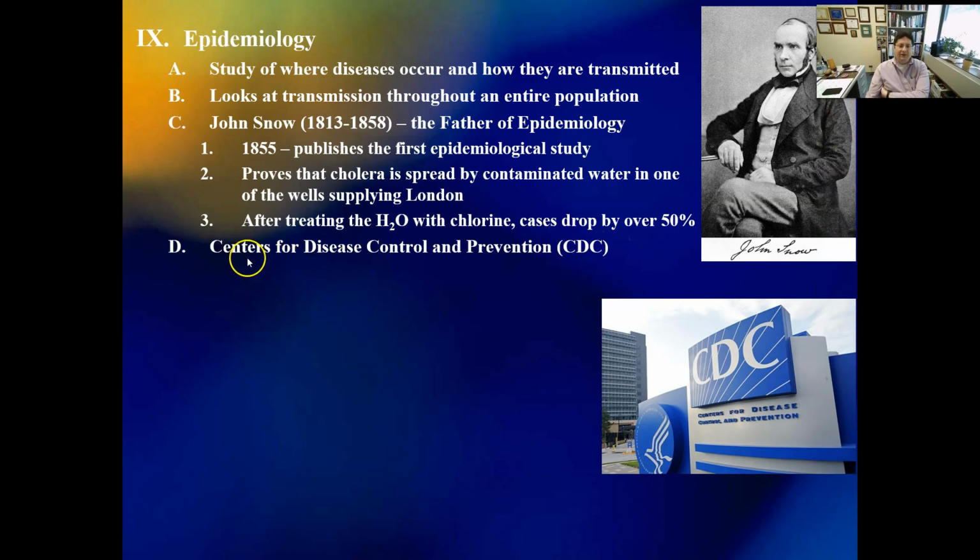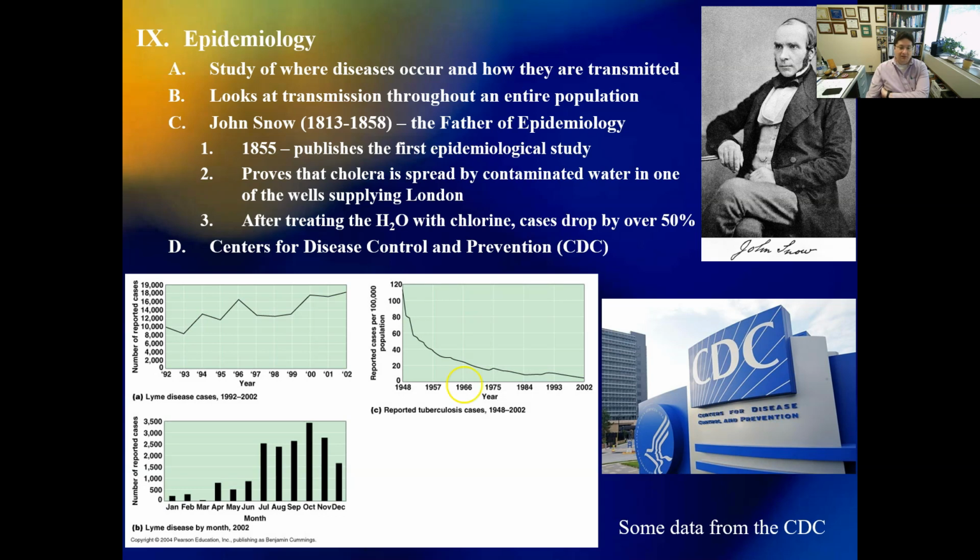Today, the Centers for Disease Control and Prevention, or CDC, are responsible for epidemiology, okay? They track data like this, looking at Lyme disease by month, and are just responsible for that in general, okay? Now, the CDC categorizes diseases different ways.